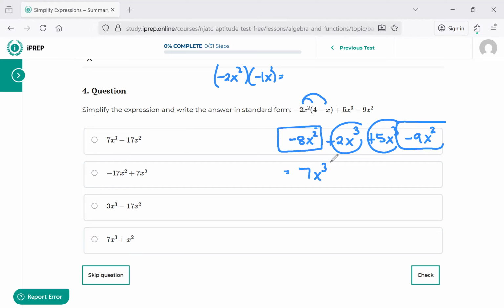What is that going to be? Just add them up: negative 17. And that's your final answer: 7x cubed minus 17x squared. There you go.